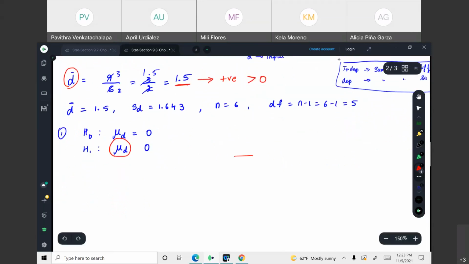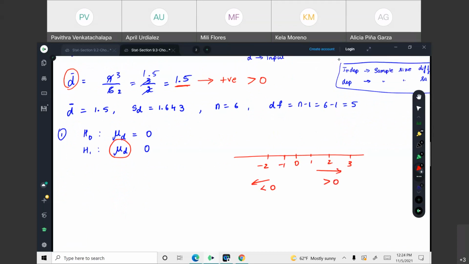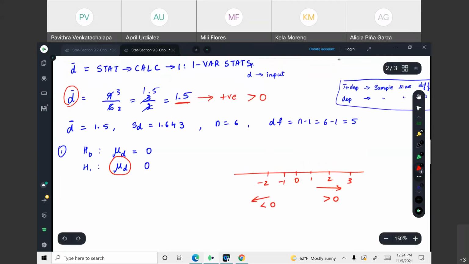If you have a number line, it starts from 0, 1, 2, 3, and this is going to be -1, -2. So all the values here are less than 0. All the values here are greater than 0. So if your sample mean is positive, then you are going to put the greater than symbol here.